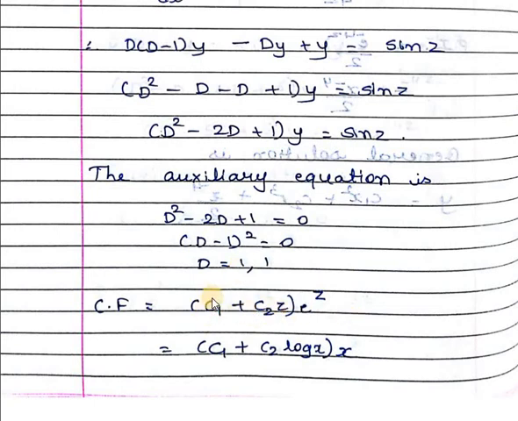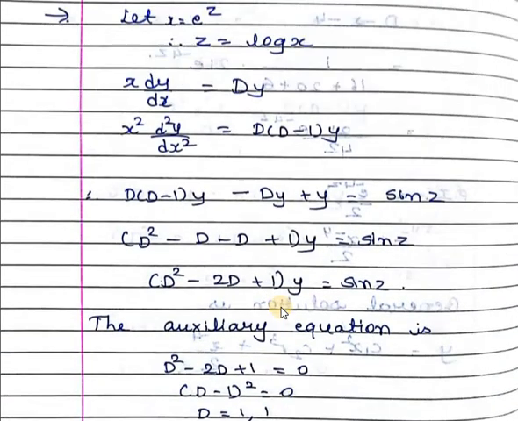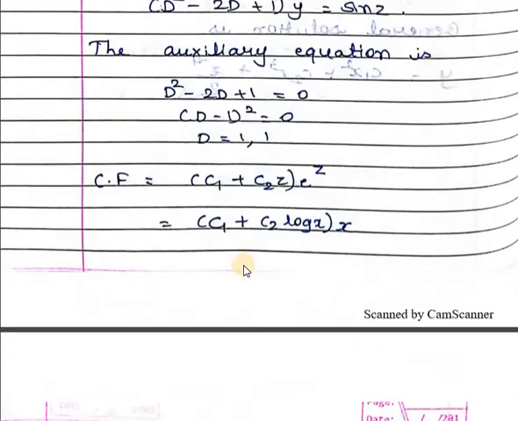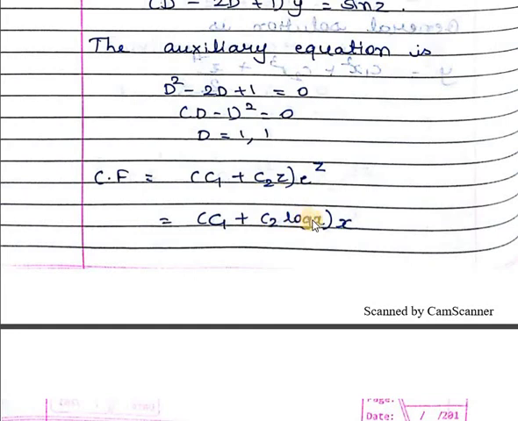And here we have to write in the form of z. But our final answer should be in the form of x, therefore replacing z by log x, it will be C1 plus C2 log x, and e raised to z can be written as x. So this is our final answer of CF.